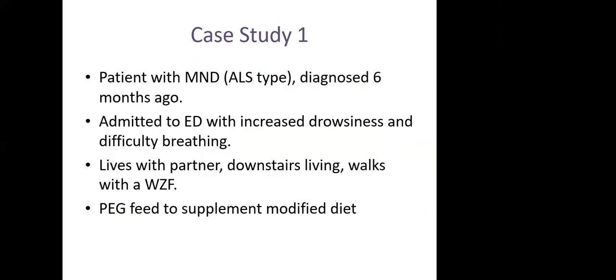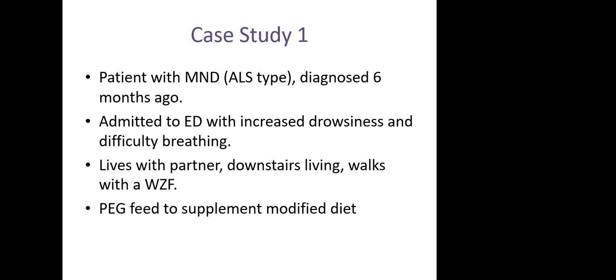So moving on now to a case study. This is made up, really, based off bits of experiences from different patients that we've seen over the past few years, perhaps, or over previous years. So it's a patient with MND, diagnosed 6 months ago.